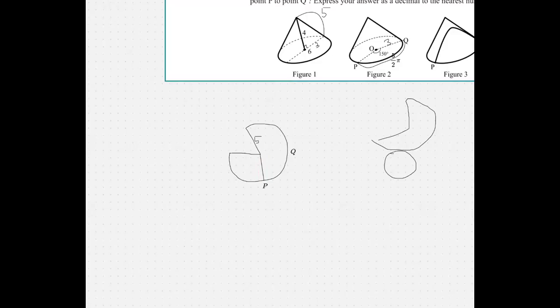The main thing that we care about is that this arc is 5/2 pi. And so the full length of the circle is 10 pi. So it must be 25% of the circle. So this is 90 degrees. So we draw a nice line, and then we get this is 5√2.